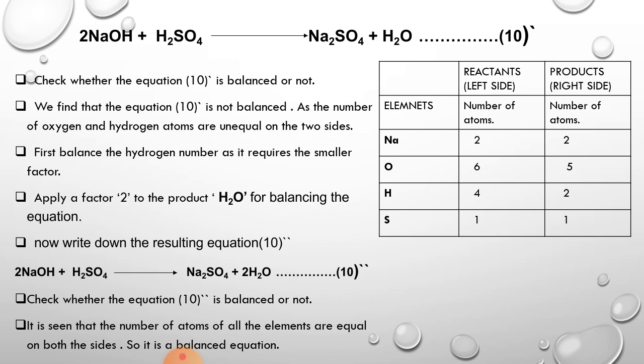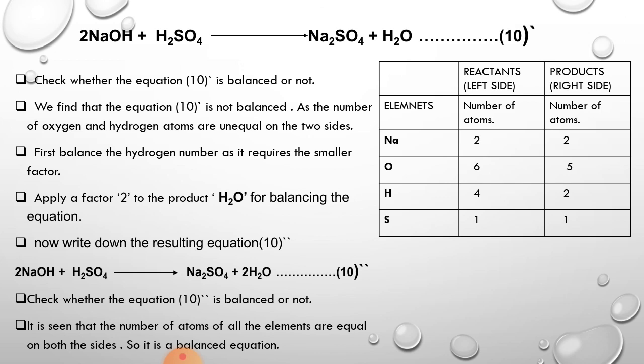It is seen that the numbers of atoms of all the elements are equal on both sides. Na2, Na2, yes, everything is balanced, you can check. So it is a balanced equation. Here you can see 2Na, Na2, that means 2, 2.